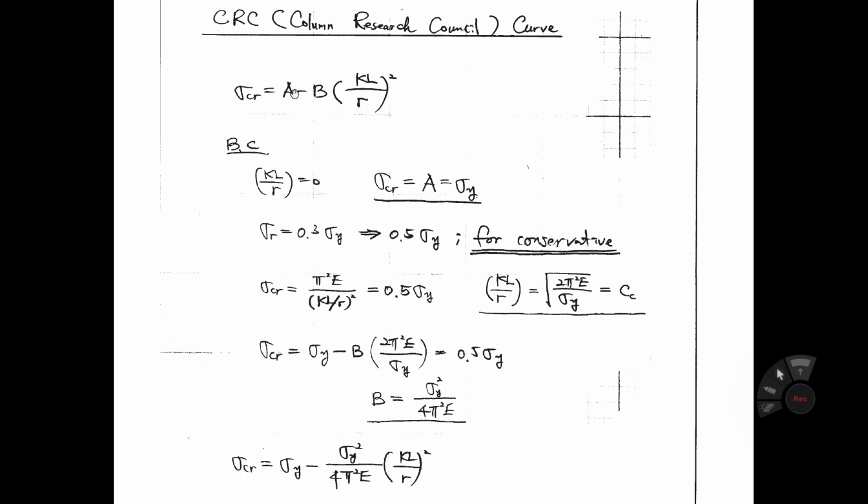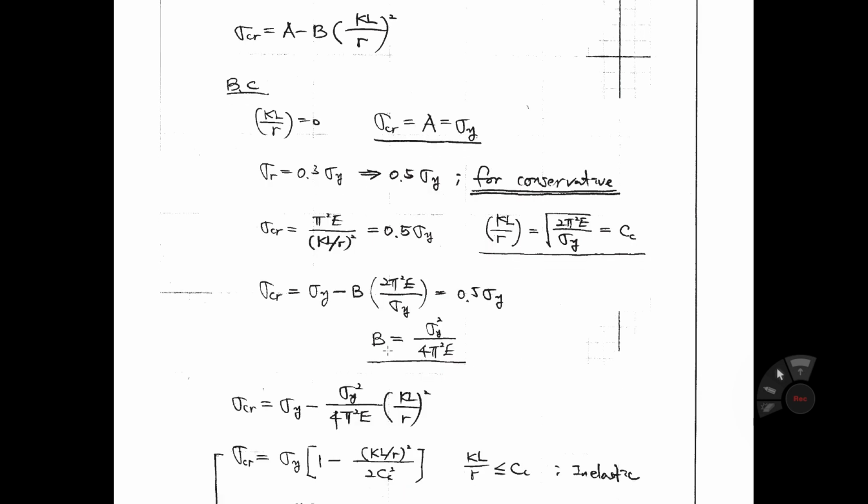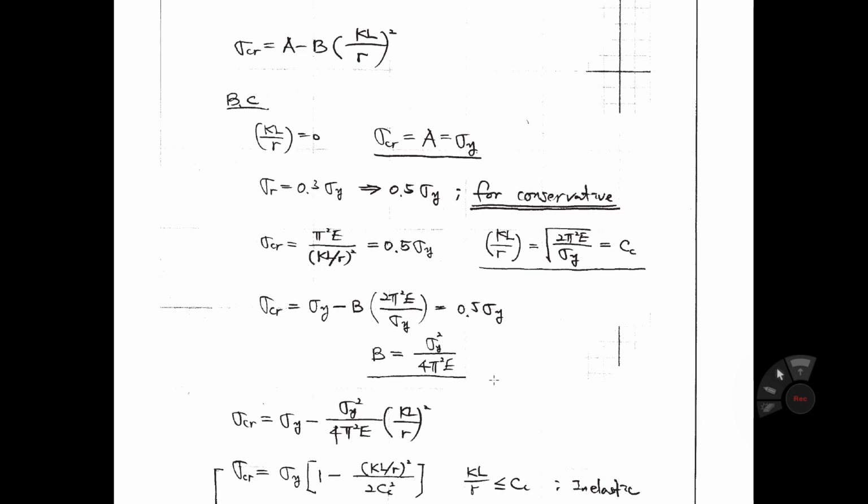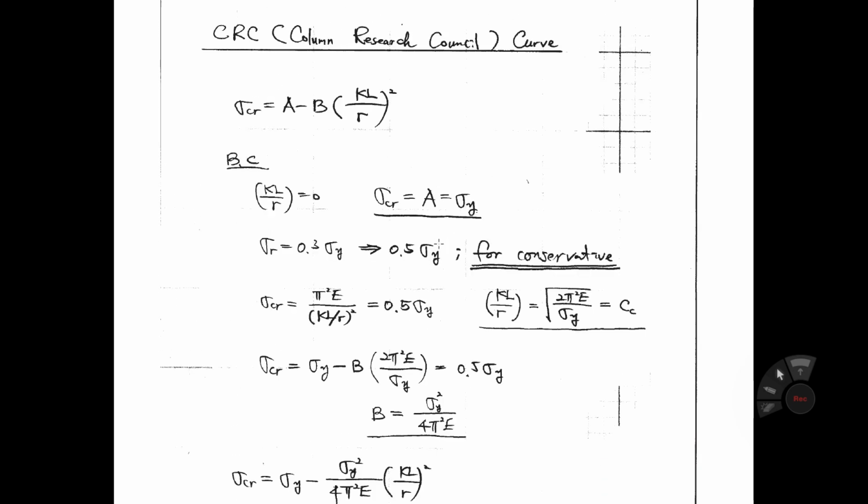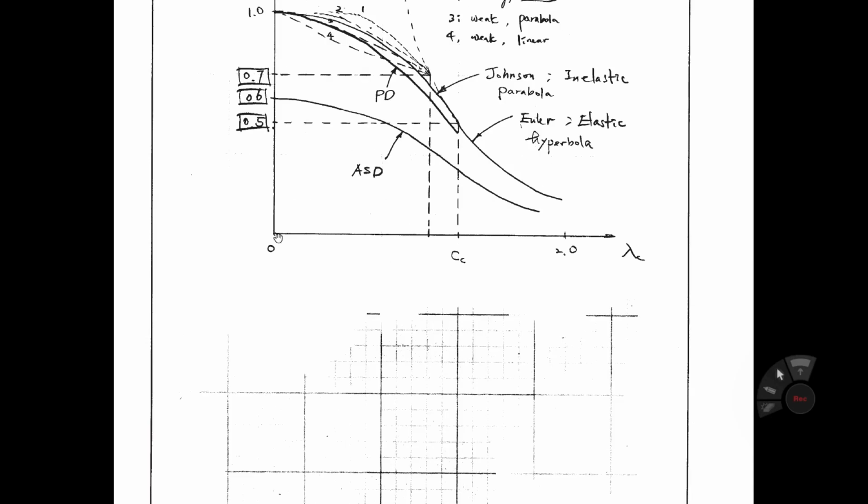Okay, because A is already known, this value, sigma y. So this one equals 0.5 sigma y. From this equation, you get B equal to this value. So you get A from this value, B from this value, from this inelastic column's boundary condition.